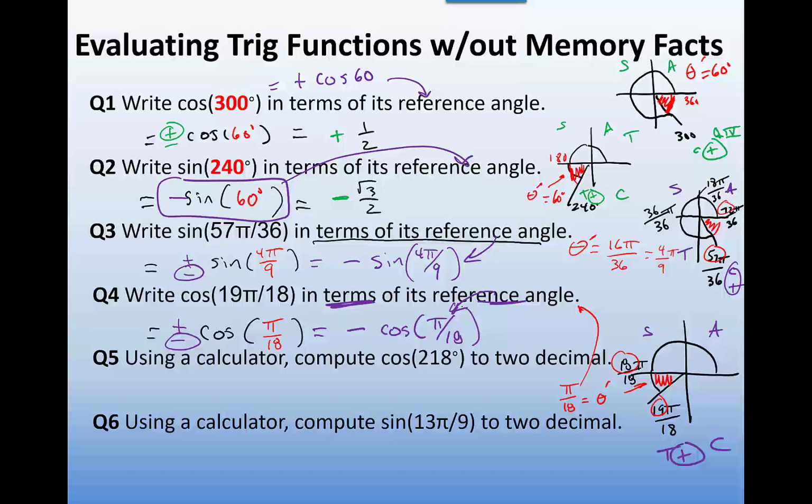Now it does have a ratio, but we're not asked for the ratio. And if we wanted that ratio, we'd have to plug into the calculator. But we don't need to do that for these directions. The directions didn't ask for the final ratio. They asked for the expression in terms of the reference angle.